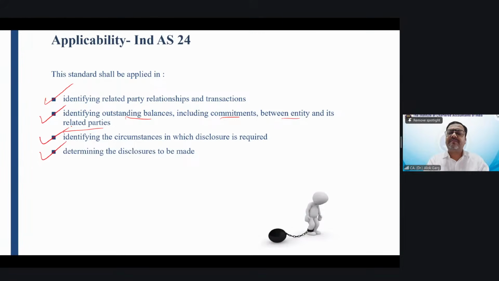So these are the applicability points in terms of related party transactions.